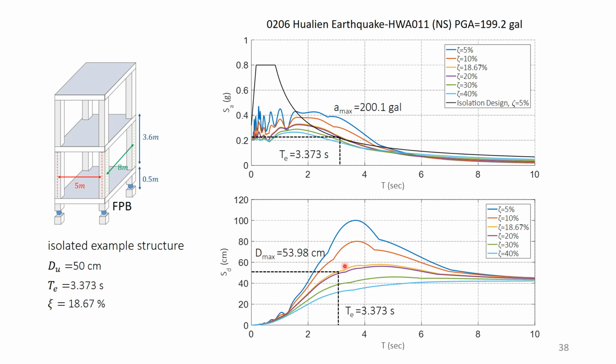And for the displacement spectrum, the maximum displacement response will be 53.98 centimeters. We know that Dmax is bigger than the ultimate displacement du, so this structure has to design a displacement restraint mechanism.